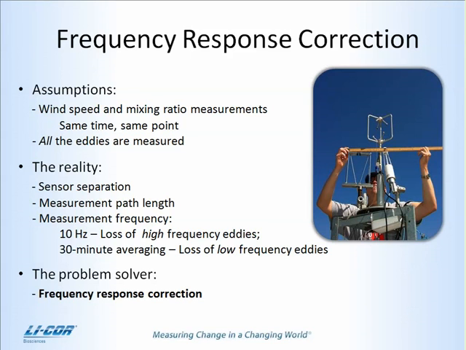Also, we use 10 Hz for data logging to reduce the loss of high-frequency eddies, and a 30 minute averaging period to minimize the loss of low-frequency eddies. We still lose a very small amount of eddies. Frequency response correction is used to recover the lost eddies based on some well-developed mathematical models.